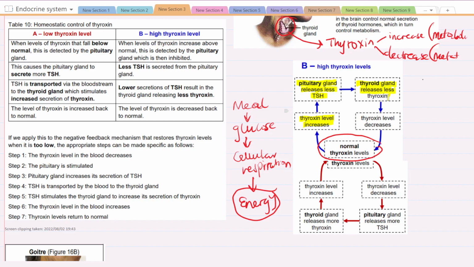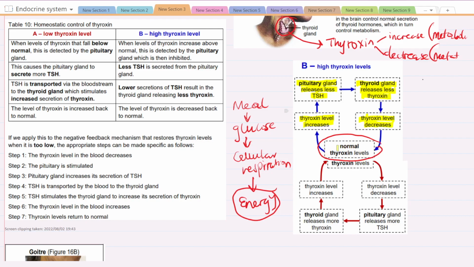Will stimulate the thyroid gland to secrete less thyroxine, and therefore the thyroxine levels will decrease. So let's run that back again.